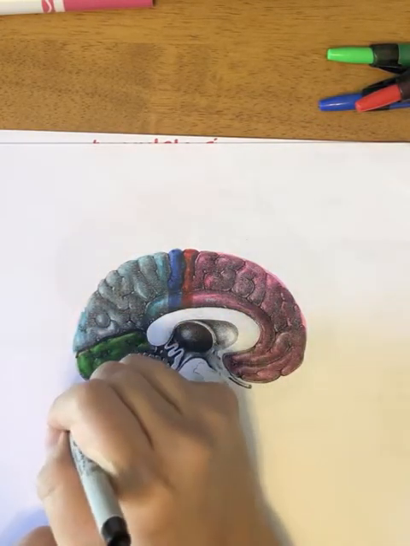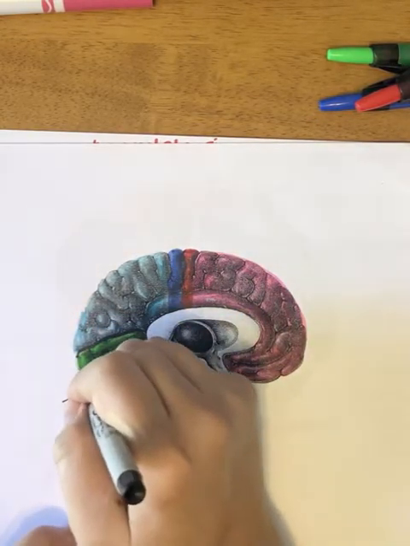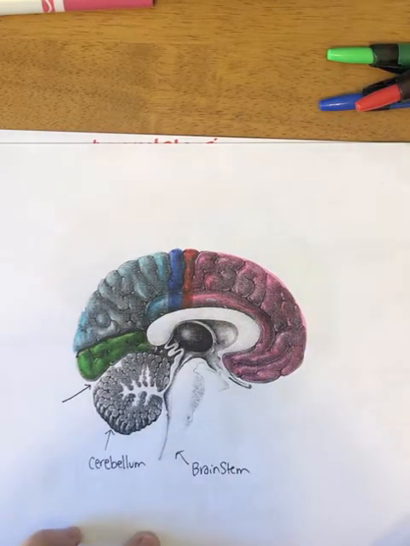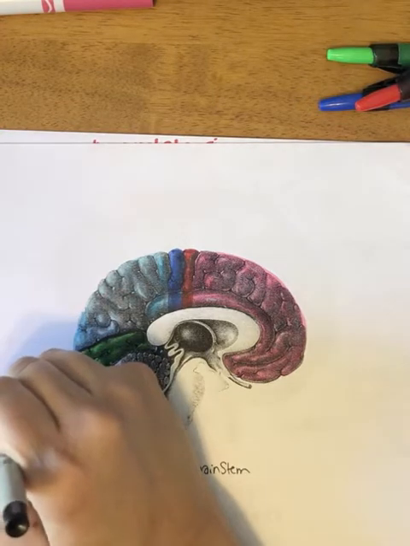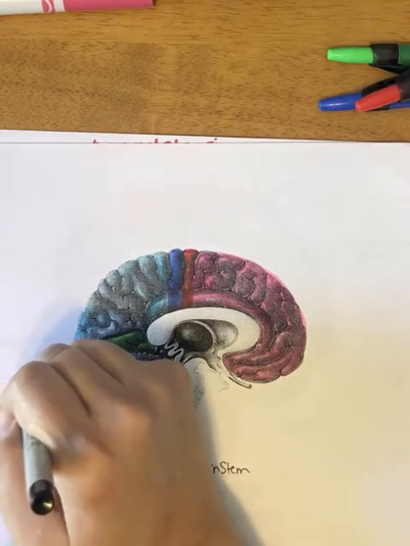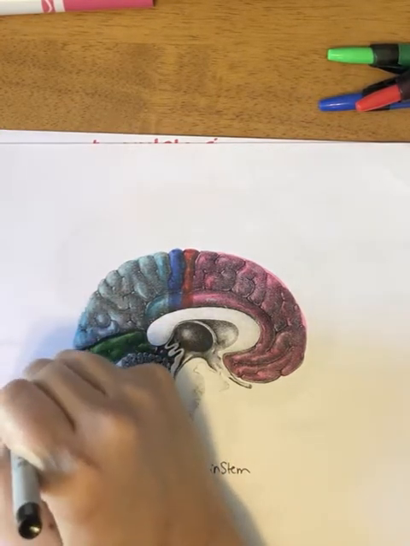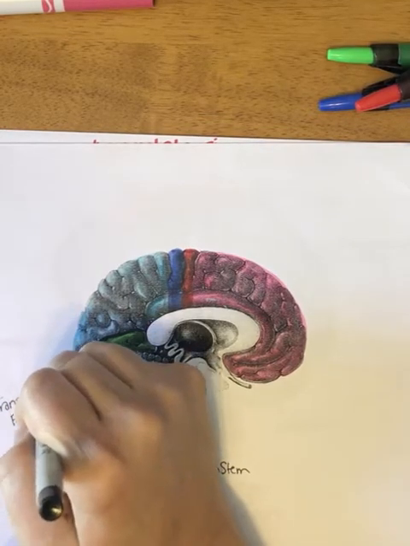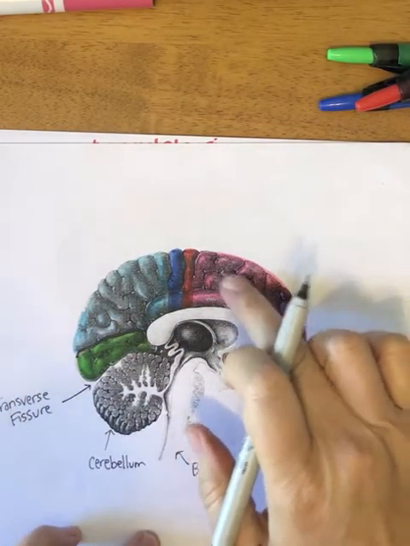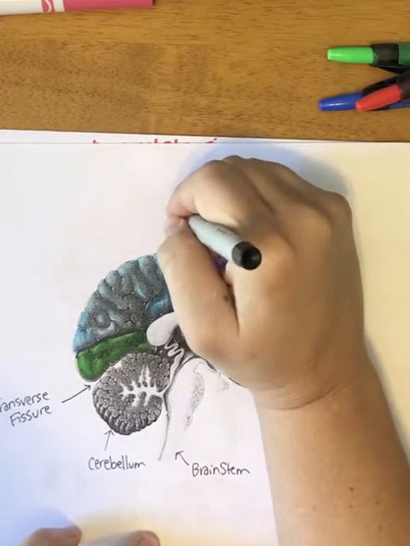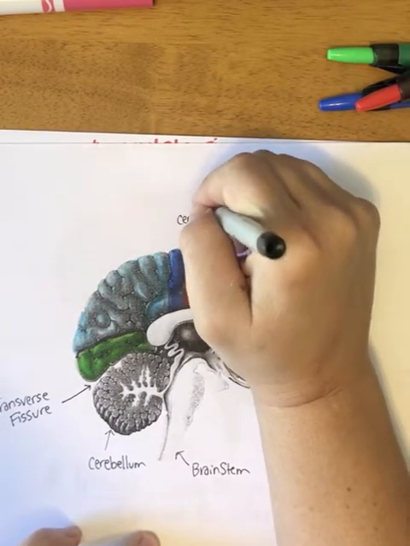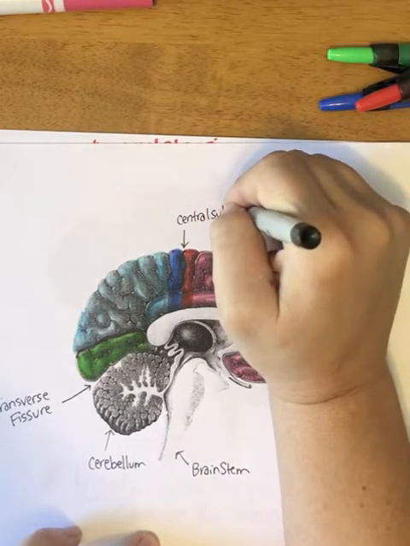All right, so the first thing, how do you divide the cerebrum from the cerebellum? The answer should be transverse fissure. How do you divide the frontal lobe from the parietal lobe? Central sulcus.